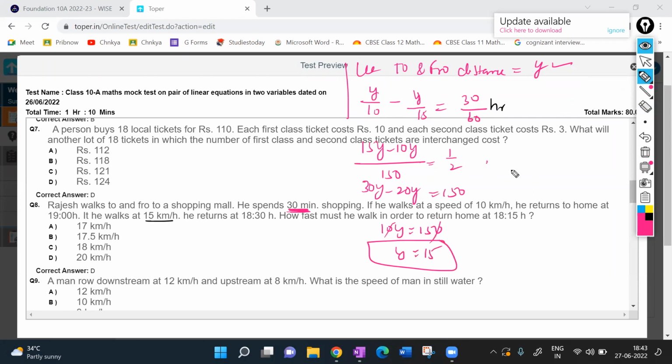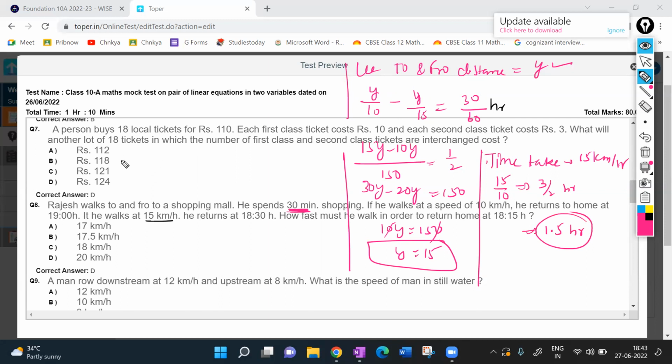Now let us find out the time. I do not know the time. As you asked, time is what? Time taken to travel at 10 km per hour is 15 by 10, which is nothing but 3 by 2 hour, which is 1.5 hour he took. Understood my point?